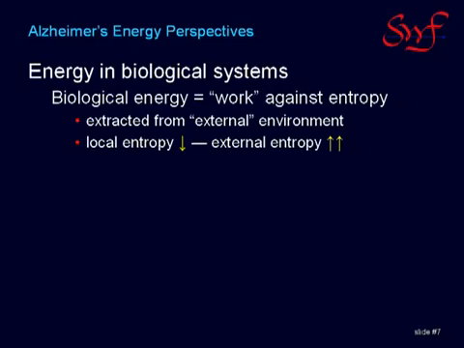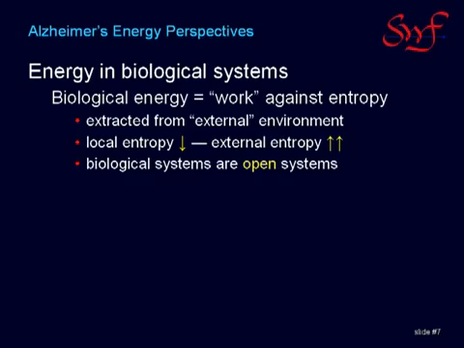In other words, we are borrowing energy and paying interest on that borrowing. This does not violate the second law of thermodynamics because biological systems are open systems. In essence, living systems pump entropy into the external environment in which they live. If they cannot do this, they die.